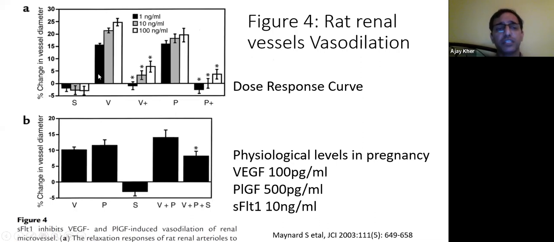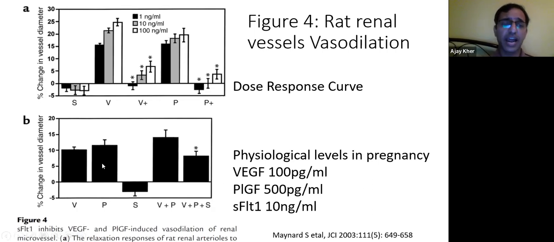With VEGF, there is a significant increase in vasodilation, which is completely halted or reversed when VEGF has SflT together, which is the curve in the middle. Again, placental growth factor is the P, and it is completely reversed when placental growth factor has SflT. So this is proof of concept that the mechanism is placental growth factor and VEGF inhibition by SflT.